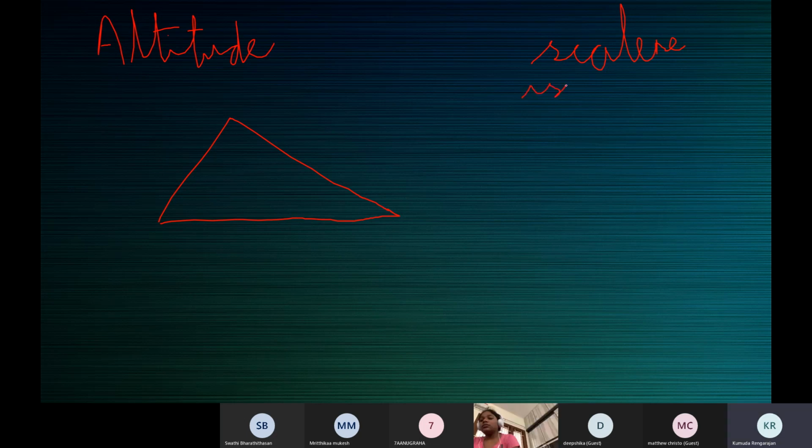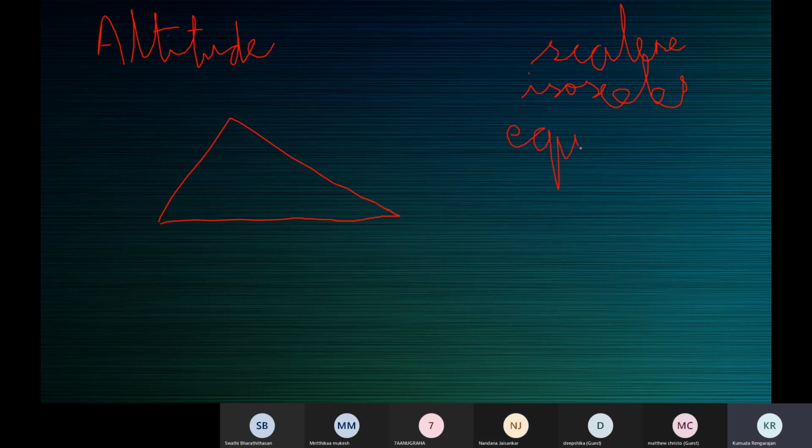And what's the third one? Equilateral triangle, with all three sides equal, ma'am. Yes, it's called an equilateral triangle. In an equilateral triangle, all the three sides are equal.